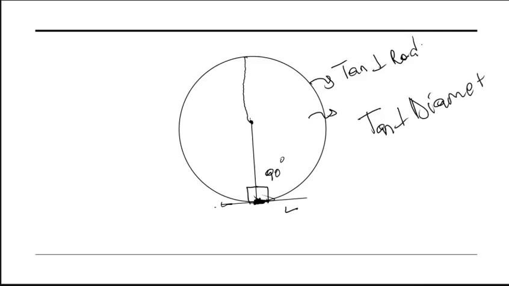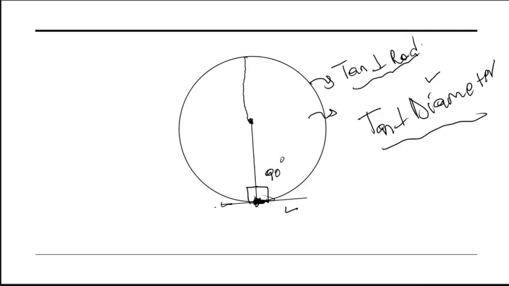So if a diameter is the one in contact with the tangent, we have tan perpendicular diameter. And if a radius is the one in contact with the tangent, we will have tan perpendicular radius. Hope that makes sense for all of you.